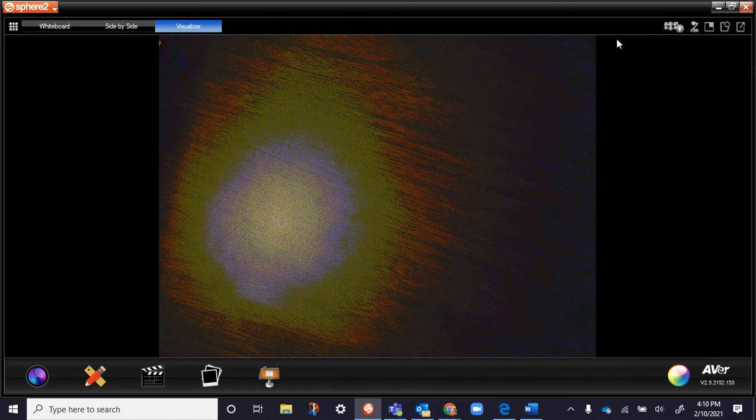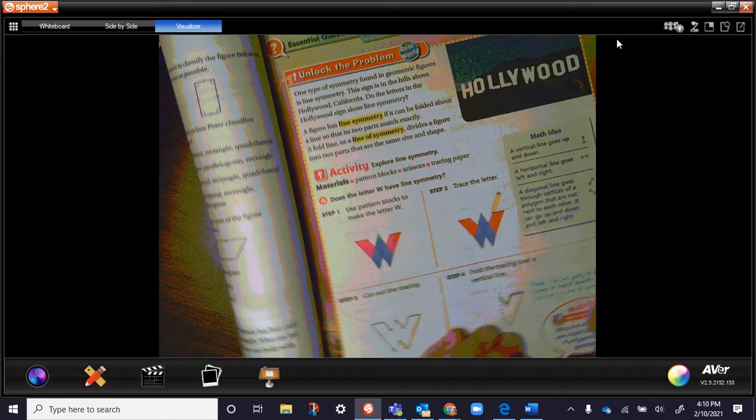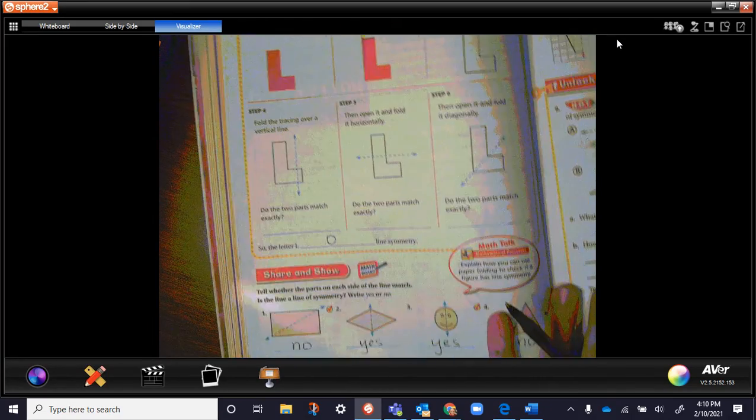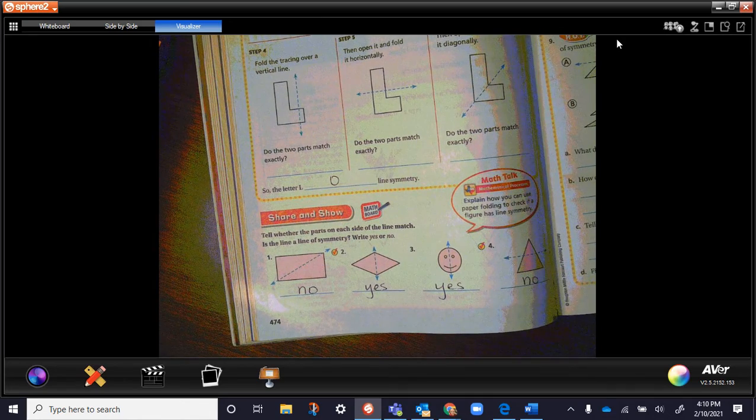Then if we go back to the book, there are some examples here on page 474. Down at the bottom, we were telling whether the parts on each side of the line match.